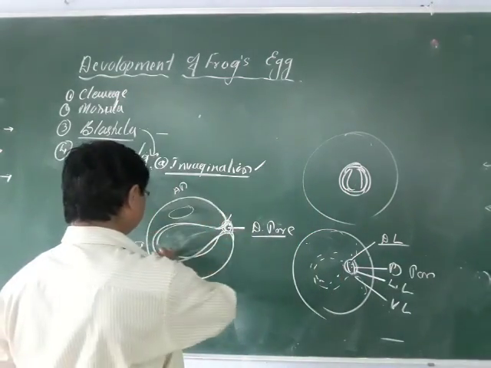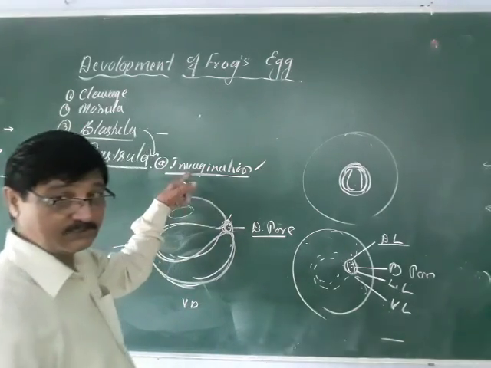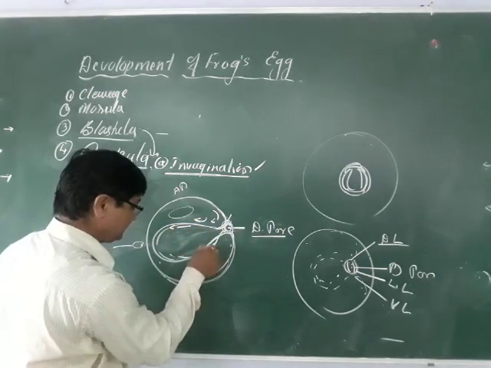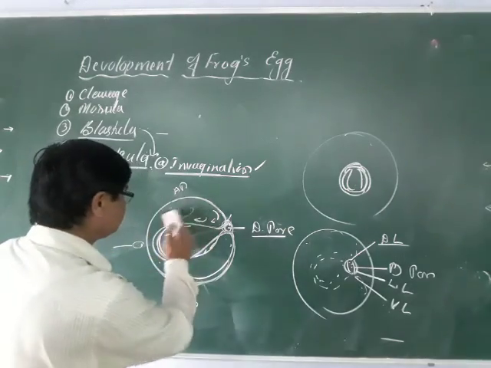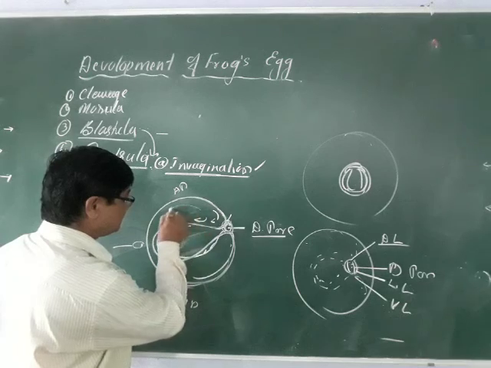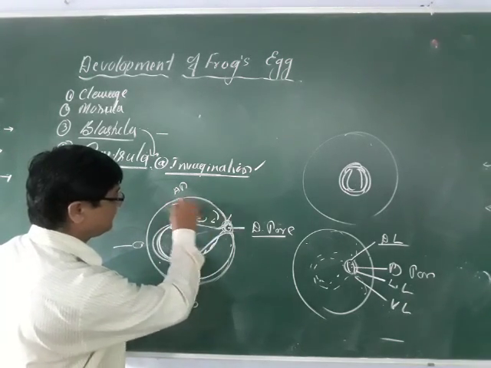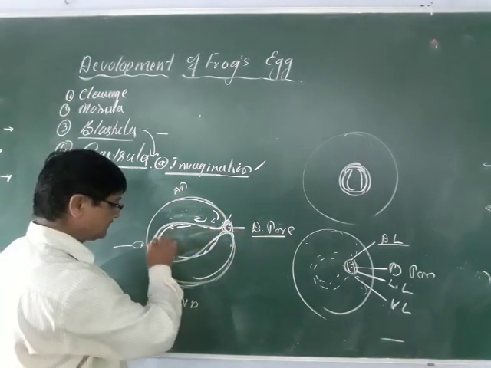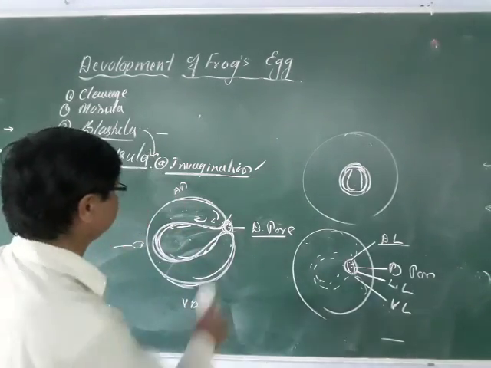Such a structure develops during invagination, as the cells multiply, go on deepening and form it. Ultimately the blastocoel will disappear, and instead the gastrocoel or archenteron develops. So this results from the invagination.